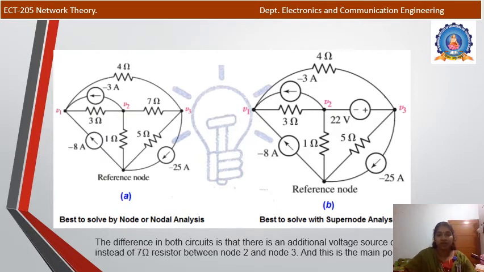In the second picture, between V1 and V2 there is a 3 ohm resistor, and between V2 and V3 there is a 22 volt voltage source. That is the difference between these two pictures. The first one is normal, and we can use node analysis, but in the second case there exists a supernode, since between V2 and V3 there is a voltage source. In order to analyze this we have to use supernode analysis.